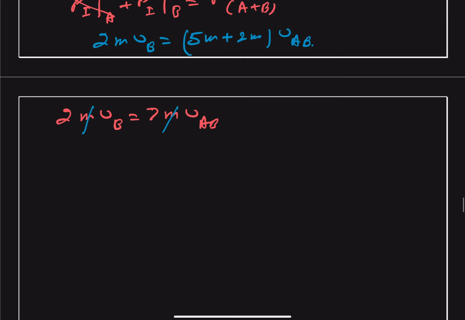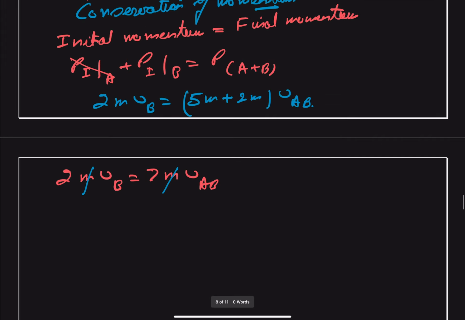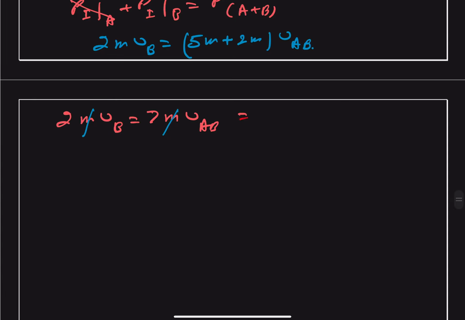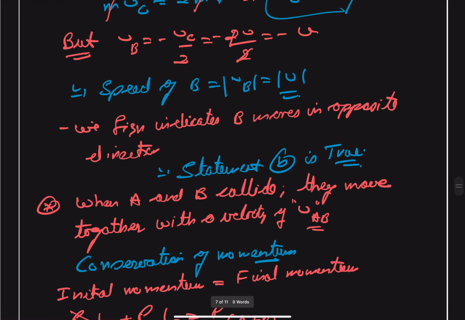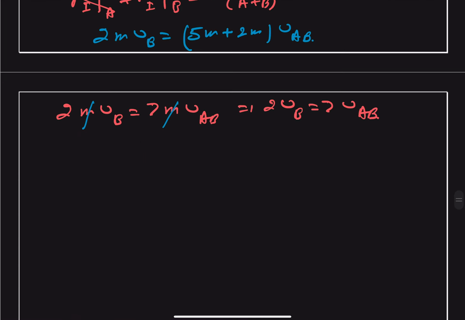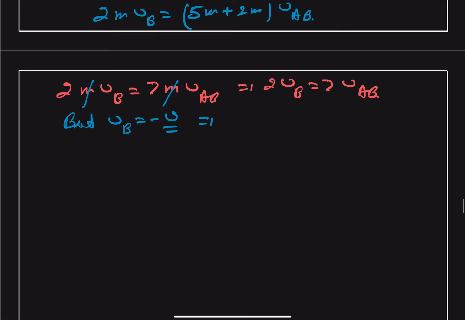So we get twice Vb is equal to 7 times VAB, and our VB we just calculated is minus V. So we substitute here, and VAB will be minus 2 divided by 7 times V.